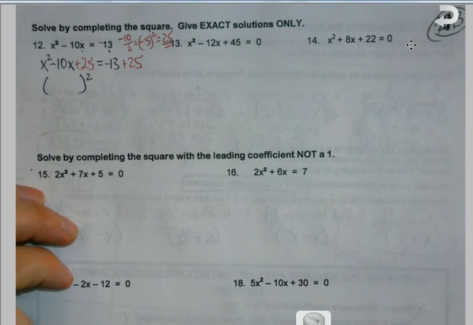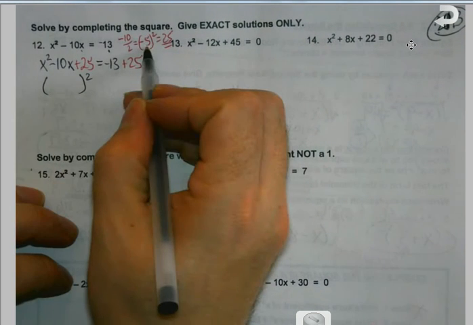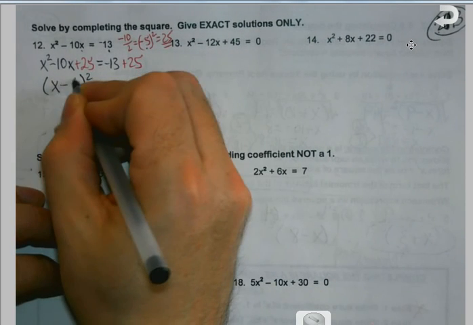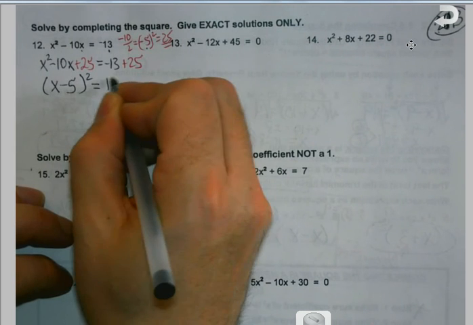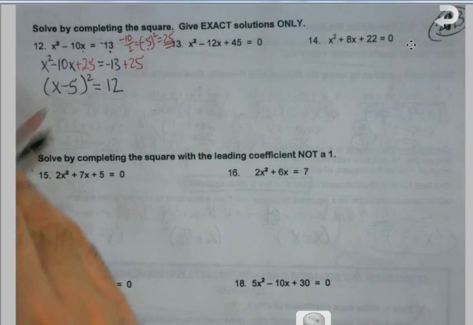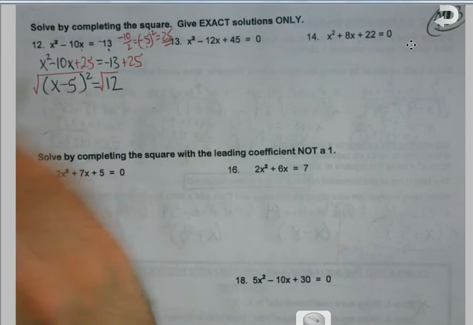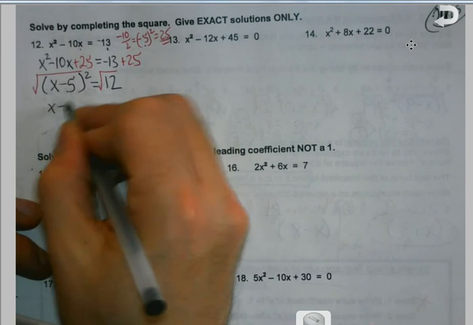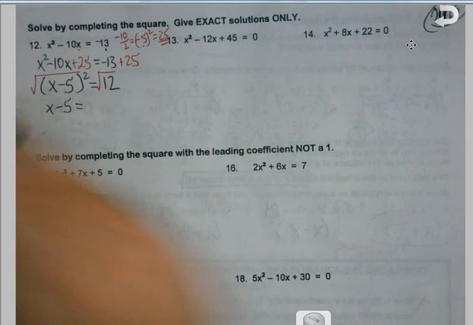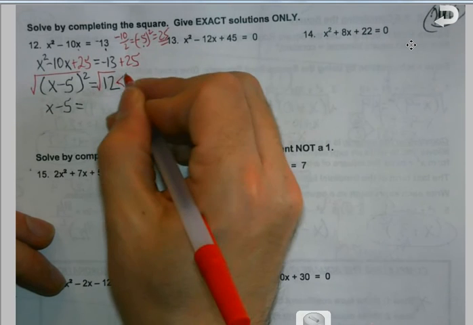Once I get there, again, I just look and I say, okay, my b divided by 2 was a -5. Get that guy in here. Square root it. Looking good. Ooh, 12 breaks down. Don't forget those things.